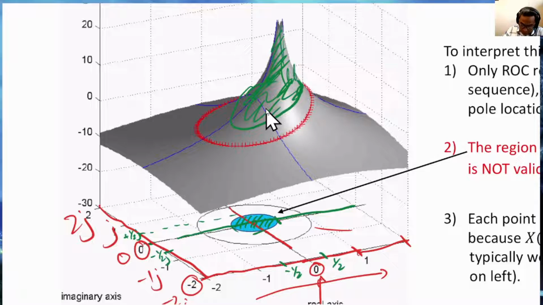Then you say, how can we still plot this? Well, we are just plotting z over z minus half. Remember that z over z minus half is the correct answer for the geometric series only when the absolute value of z is greater than half.